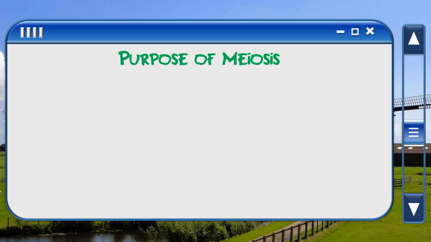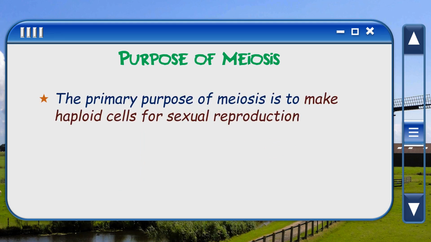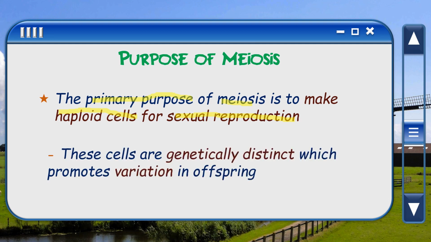Now let us look at the purpose of meiosis. What is the purpose of meiosis? The primary purpose of meiosis is to make haploid cells, which we call gametes, and they are for sexual reproduction.